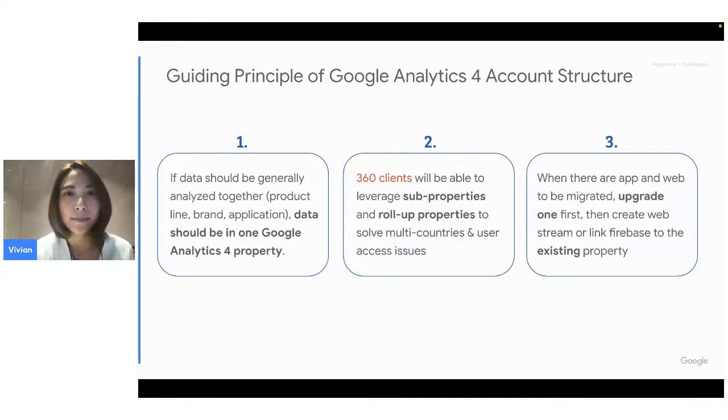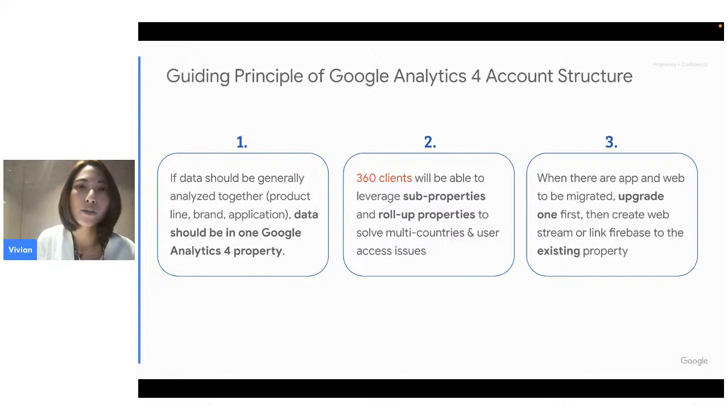Because your clients might have web and might have apps, and all of these are coming together in the same properties on GA4. There are a bunch of resources available to talk about account structure. So you might want to spend some time to study that before you help the assessment for your clients.